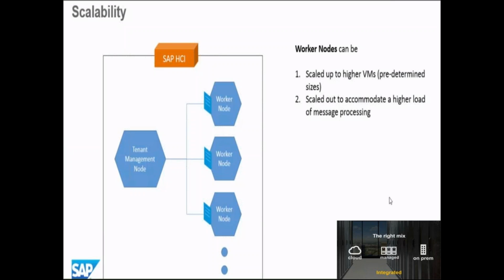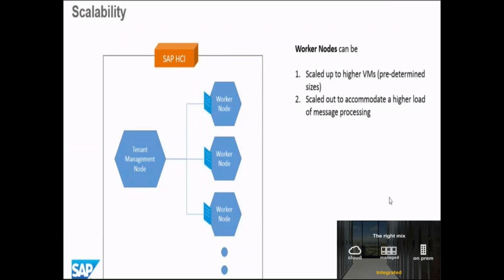So the load would be divided across different nodes, and your message processing would be fast, so you get a better throughput. Okay, and with this type of architecture, attaching and detaching of worker nodes is possible.